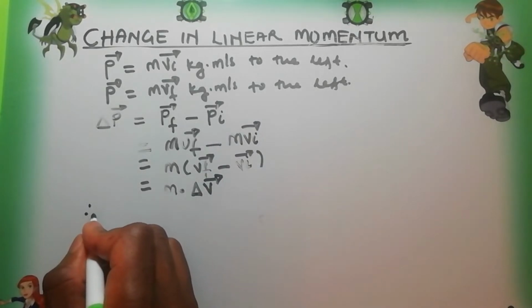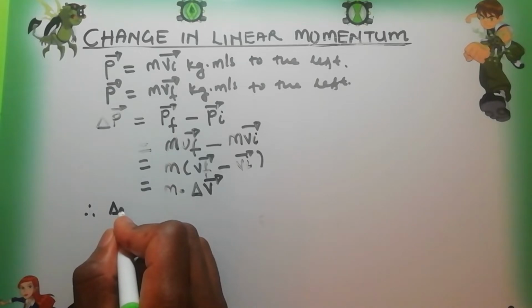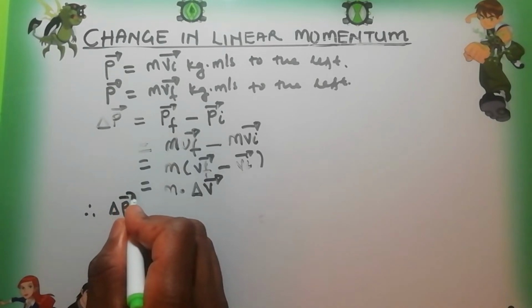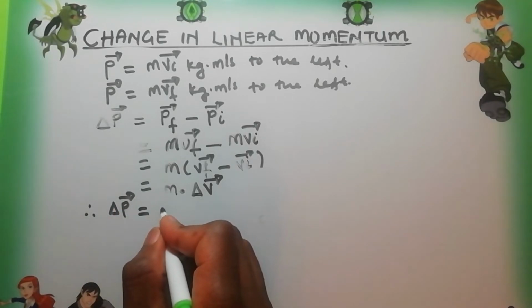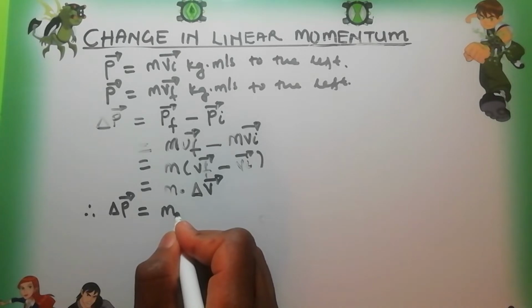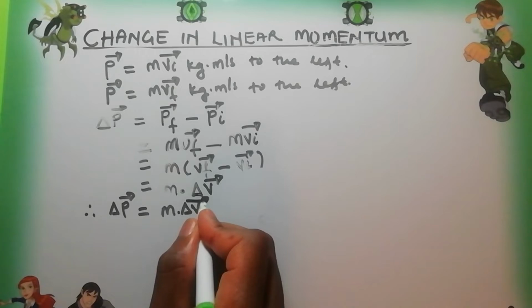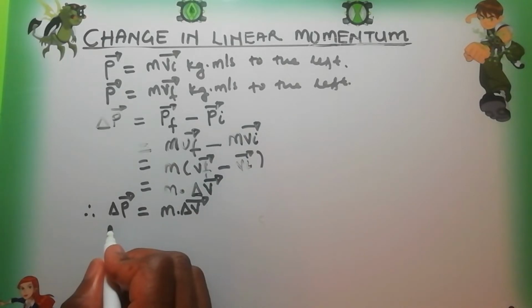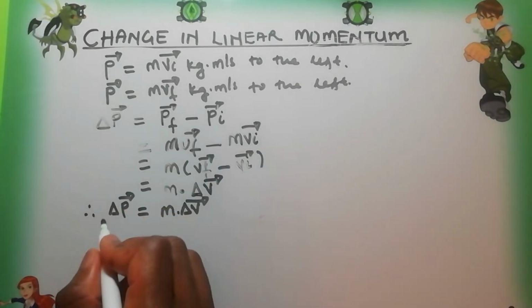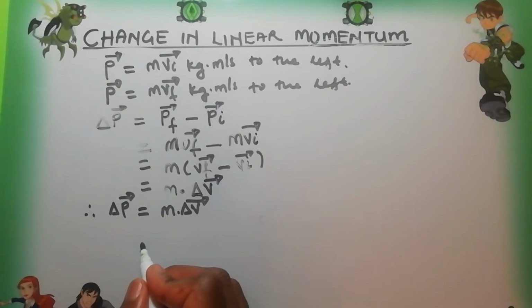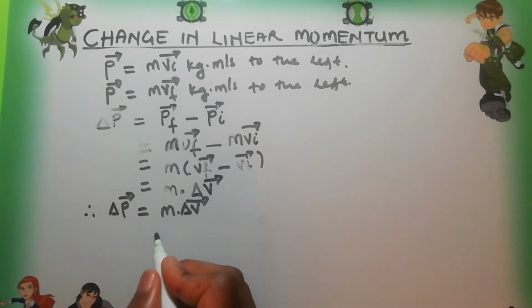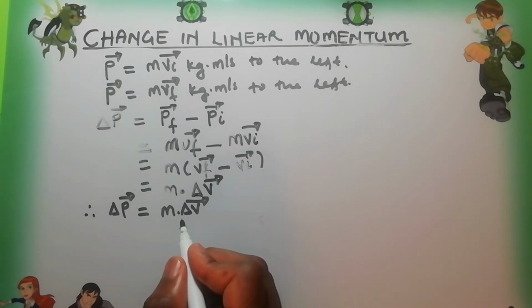So our change in momentum equals m change in v. This will be the formula for calculating the change in momentum of the truck.